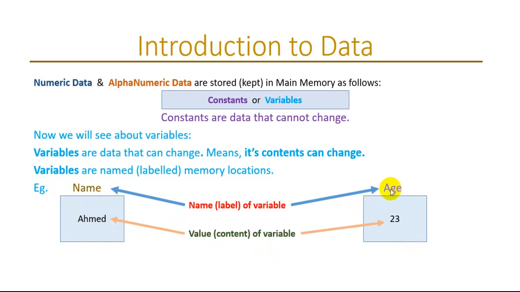The variable called age contains the value 23. The label name or the label age is known as a variable. Why? Because inside name, if I wanted, I could have put some other name.